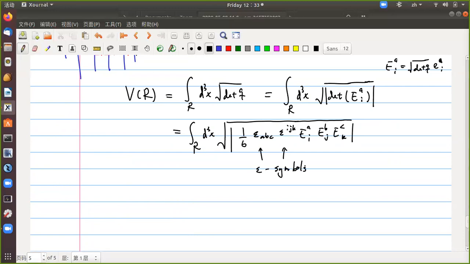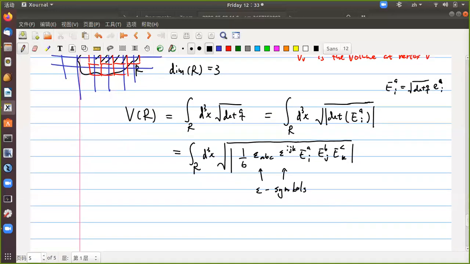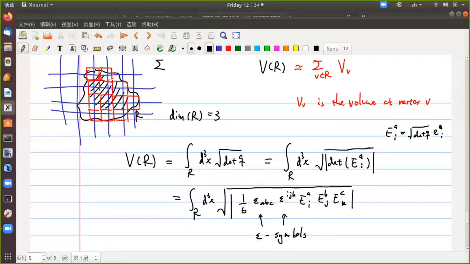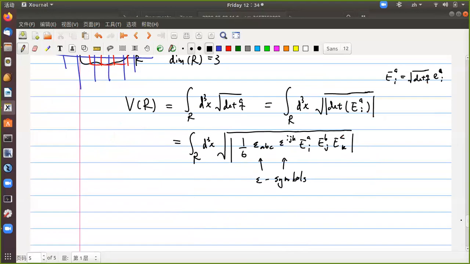Okay. All right. So now again we are going to consider this region. As I said, this is the sum over v of V_v, and this V_v is just V in case R is the box of v.